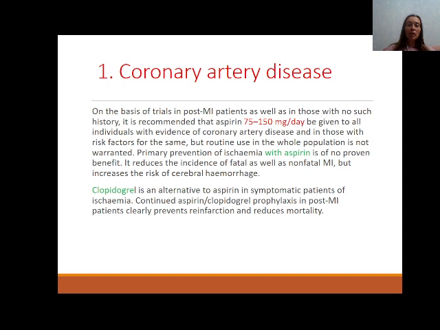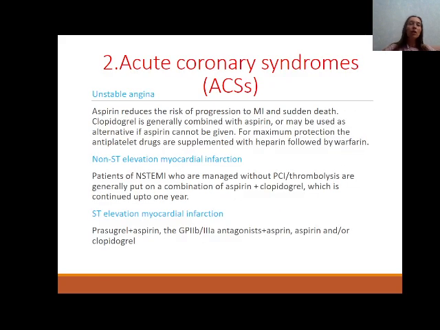The next drug that can be used for coronary artery disease is clopidogrel. It's an alternative to aspirin in symptomatic patients of ischemia. Continued aspirin and clopidogrel prophylaxis in post-myocardial infarction patients clearly prevents reinfarction and reduces mortality.